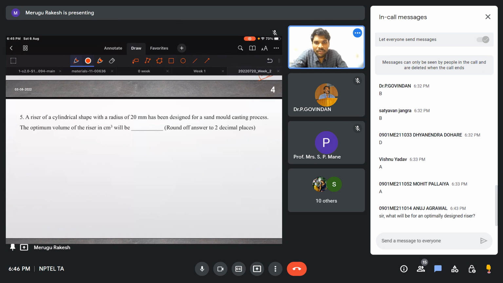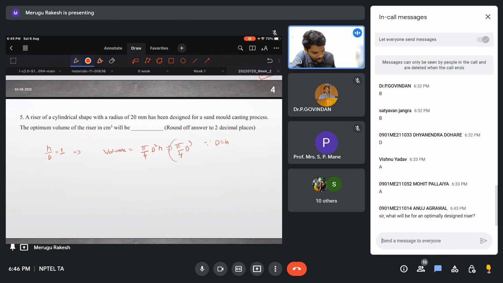These types of questions seem very easy, and people hurry in exams. They see this value of 20 mm, and if they remember the h by d ratio is equal to 1, immediately they will do volume is equal to pi by 4 d square h, and since d equals h, pi by 4 d cube.